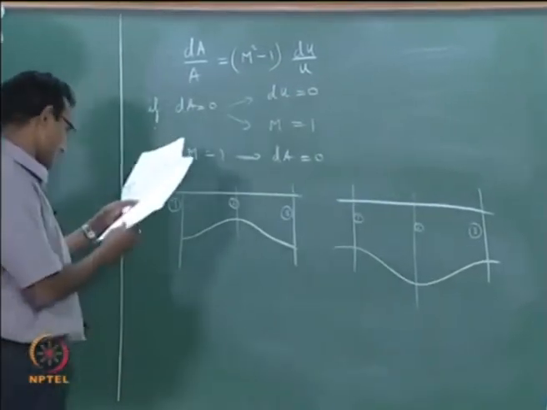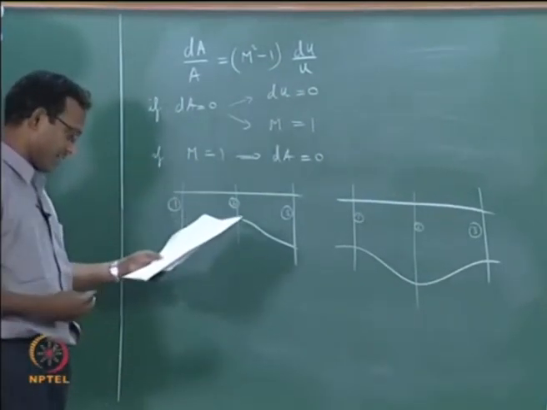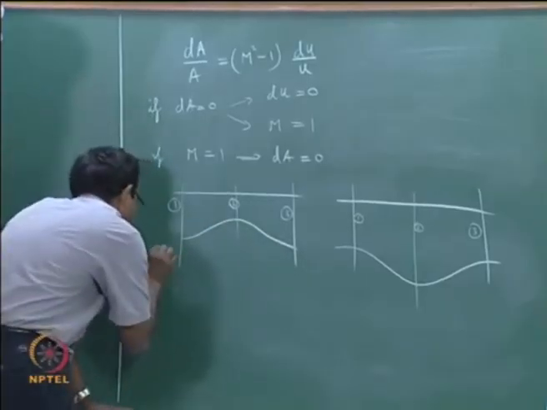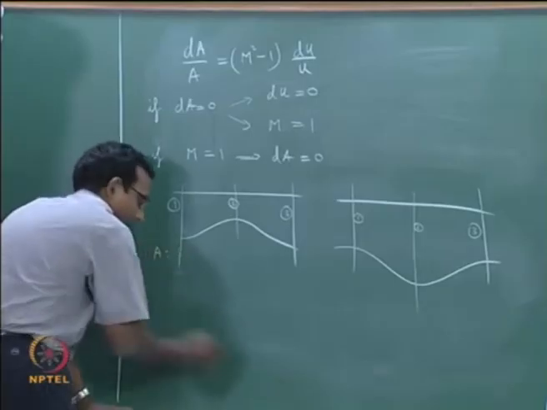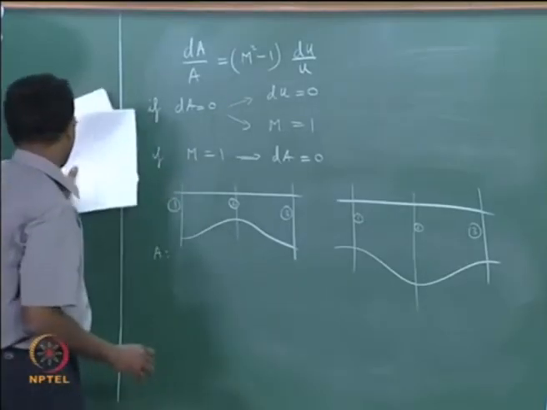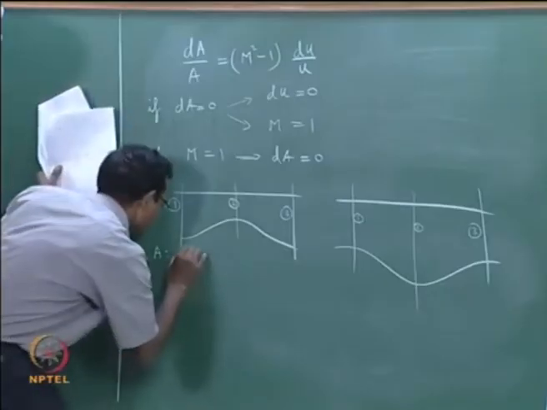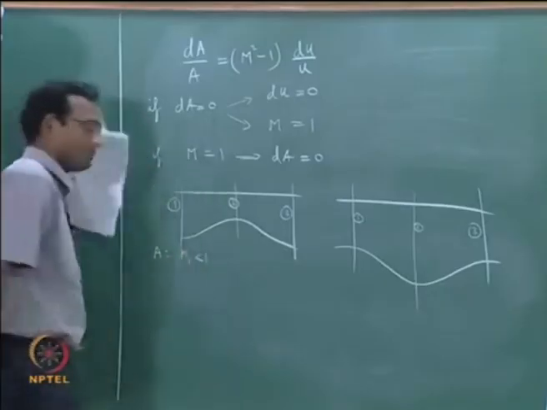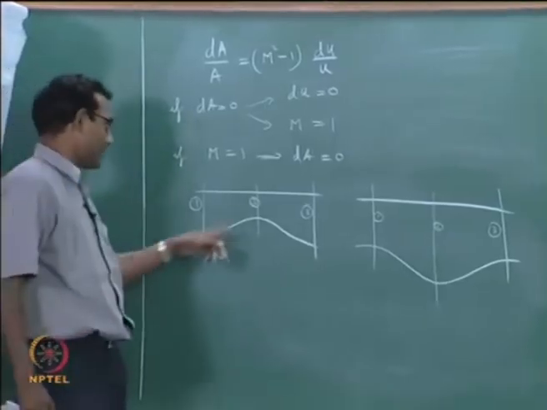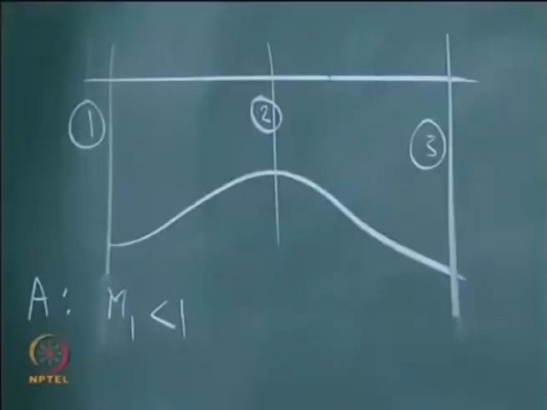If I have this, let us pick different cases. I can have a case of let us say A. I can have a case where M1 less than 1. What can happen now if M1 is less than 1? M2 is more than M1 is all I can say really.